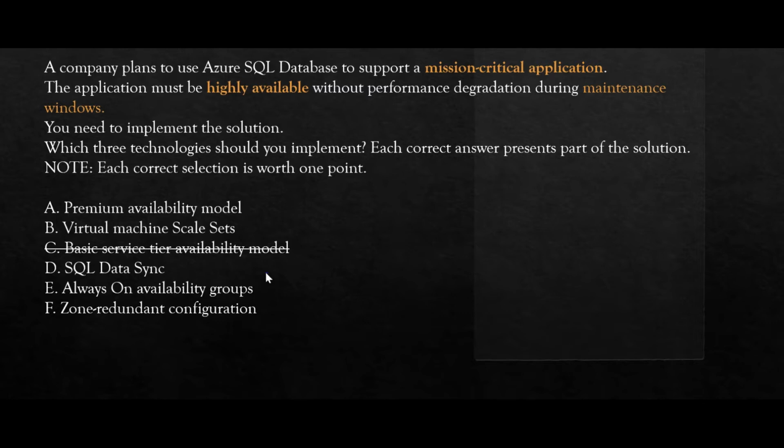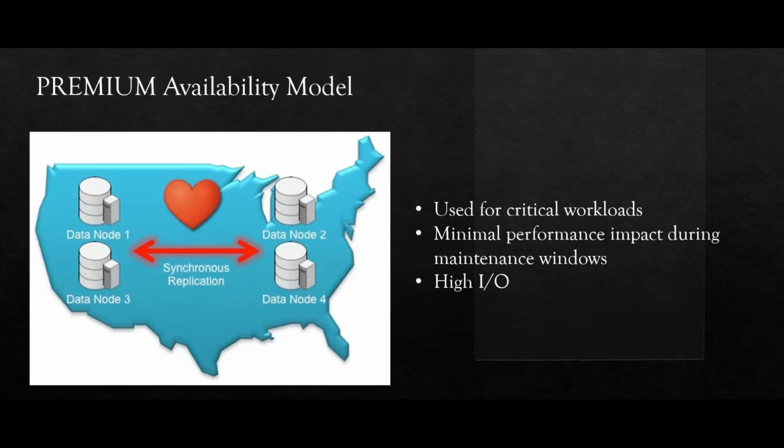Now let's look at option A, premium availability model. This is divided in a cluster model. It has different nodes, and there is synchronous replication happening across the nodes. Always remember, a cluster-based architecture is used for critical workloads.